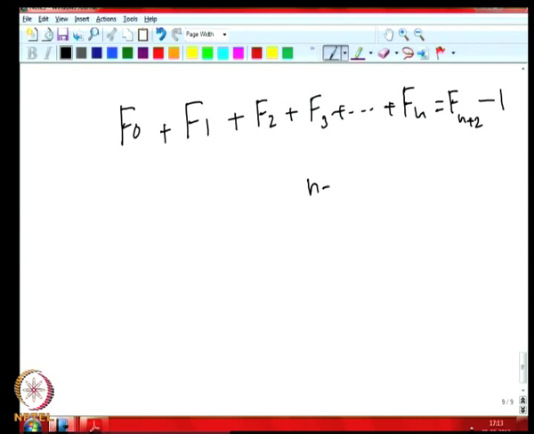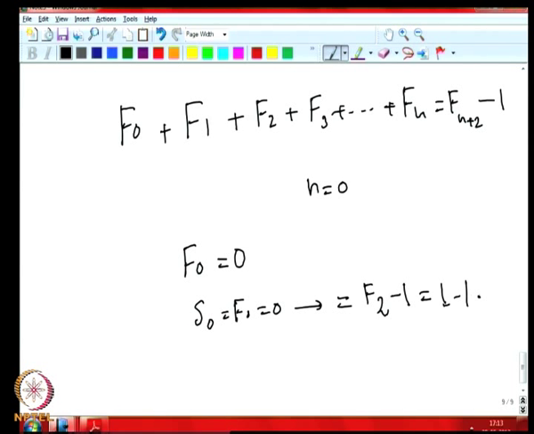Put n equal to 0. We are just taking f0, which is 0. So S0 is just f0, that is 0. Then this is equal to fn plus 2, that means f2, minus 1. f2 is 1 only, 1 minus 1 is 0, right.